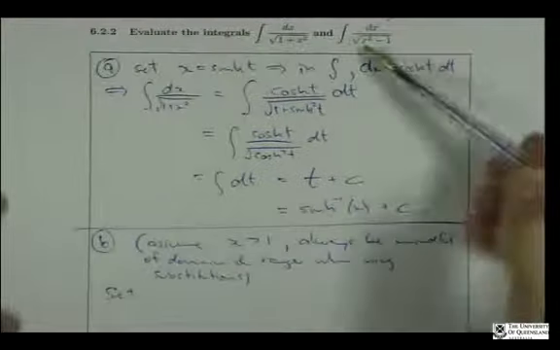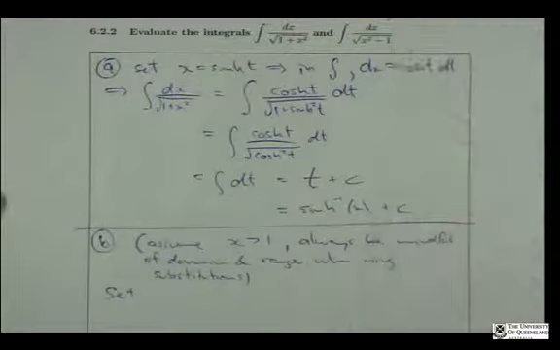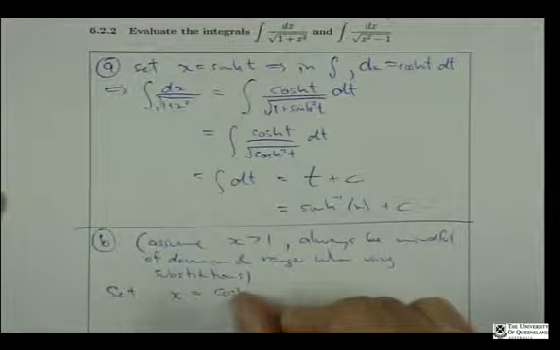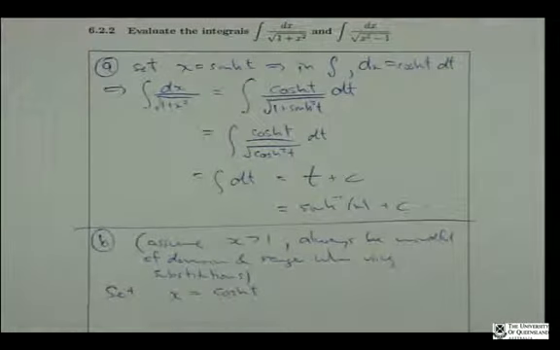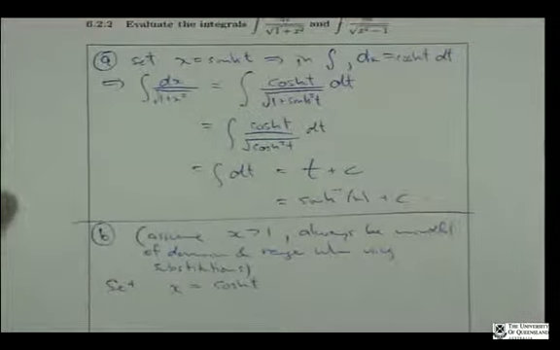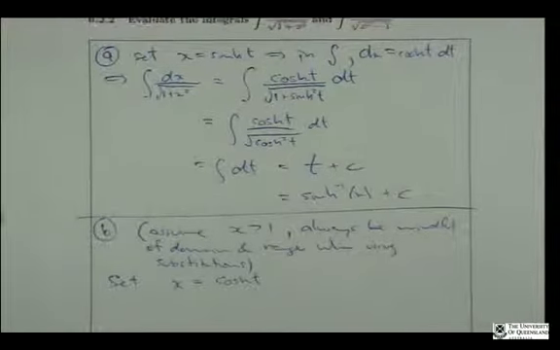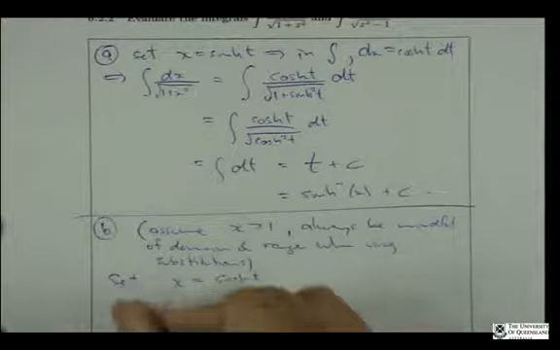So for this one, we see we've got an x squared minus 1 inside the square root. So we'll set x equal to cosh t in this case. And so we know the derivative of cosh is sinh, right? Positive sinh, right? That's where it differs to its trig counterpart.